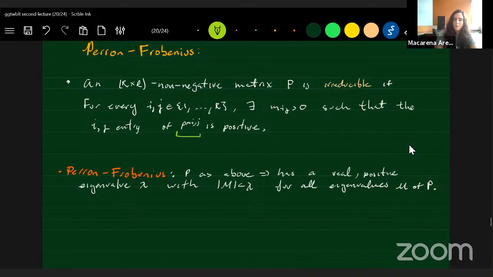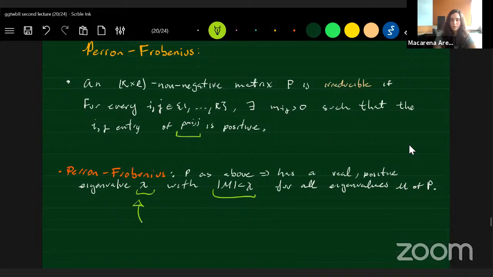And there's a theorem of Perron and Frobenius which says several things. Two of the things it says are that when we have a matrix of this kind, it has a real positive eigenvalue whose value is larger than the absolute value of all the other eigenvalues of the matrix.